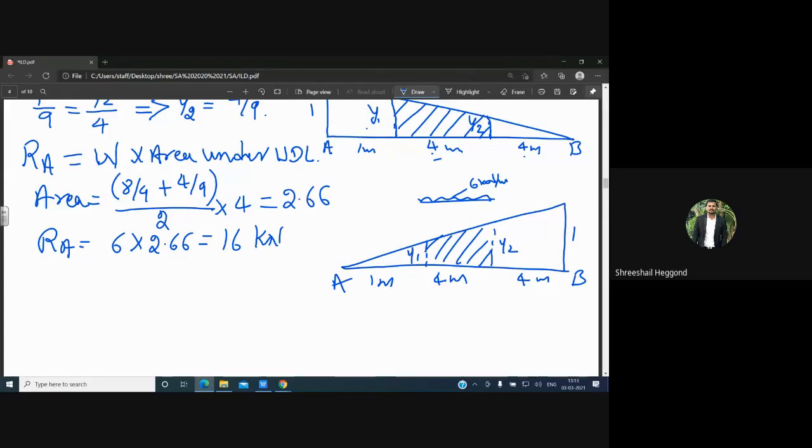So find out RB. First find out y1 and y2 ordinates, and then you can calculate the RB value. The y1 and y2 ordinates can be calculated as 1 divided by total distance of 9, equals y1 divided by the remaining distance of 1 meter, equals y2 divided by the remaining distance of 1 plus 4, which is 5. Therefore, y1 can be written as 1 divided by 9 and y2 can be written as 5 divided by 9.